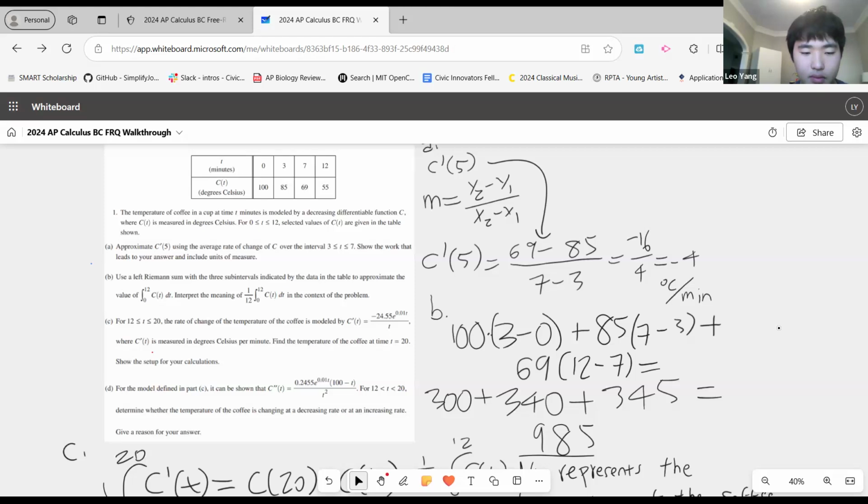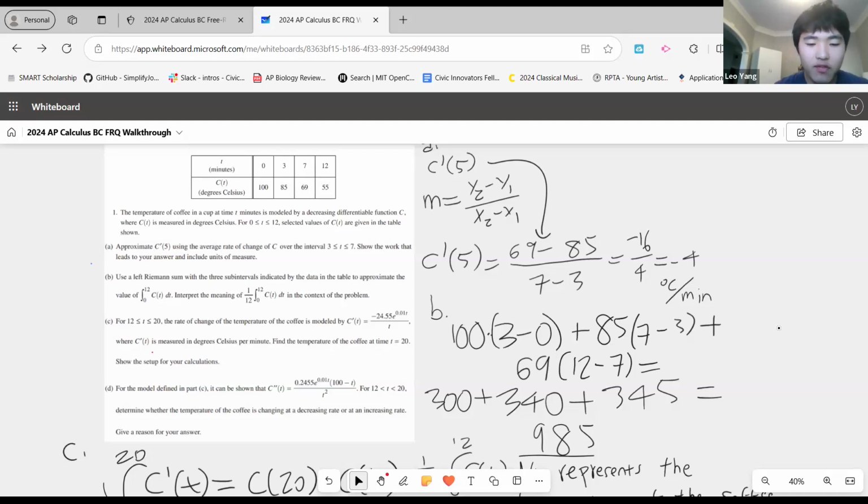And if the rate of change is increasing, and I think this is actually talking about rate of change as in the absolute value of the rate of change.